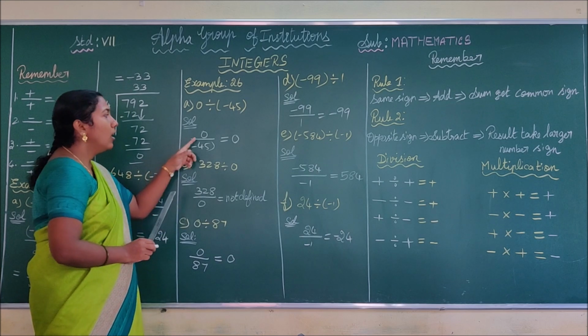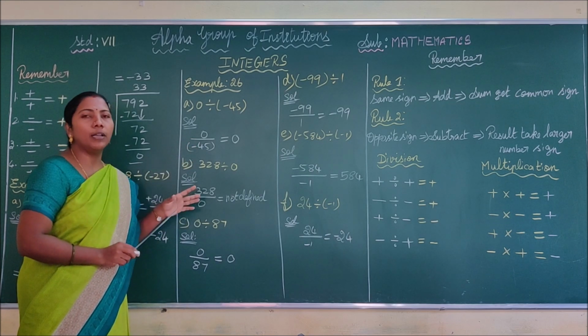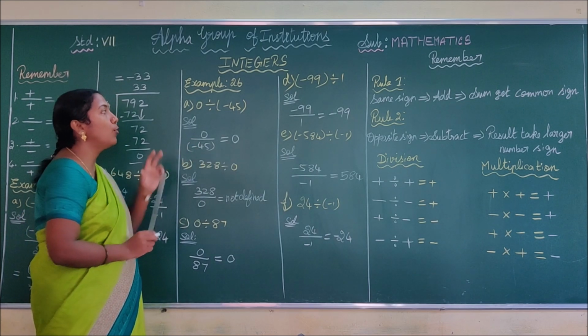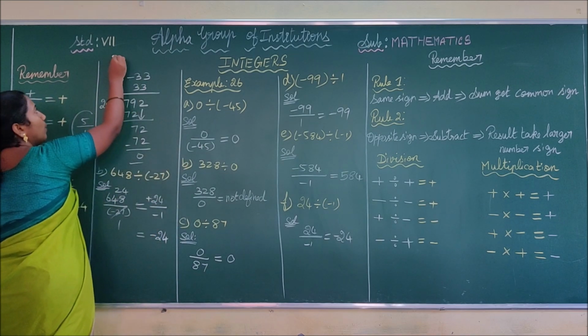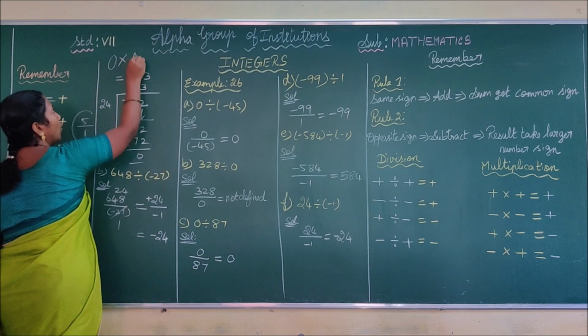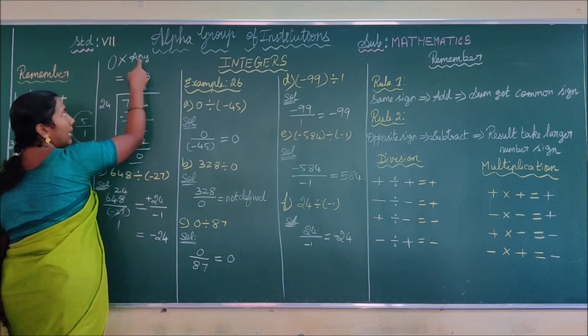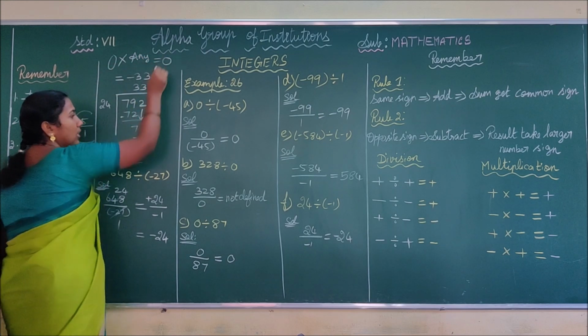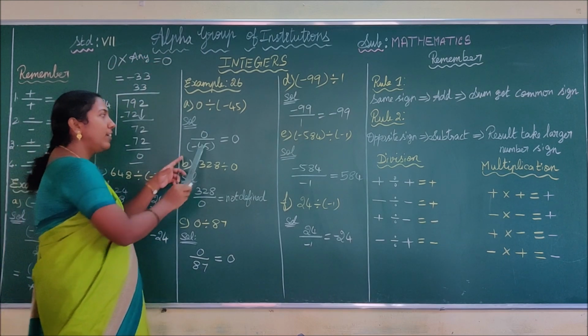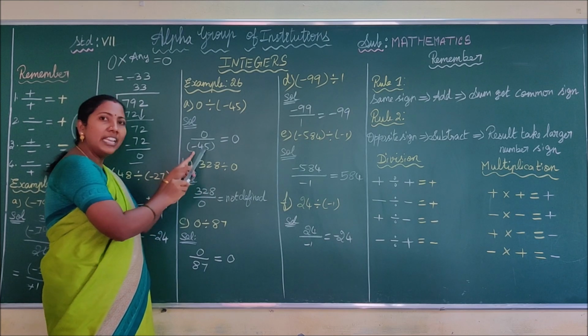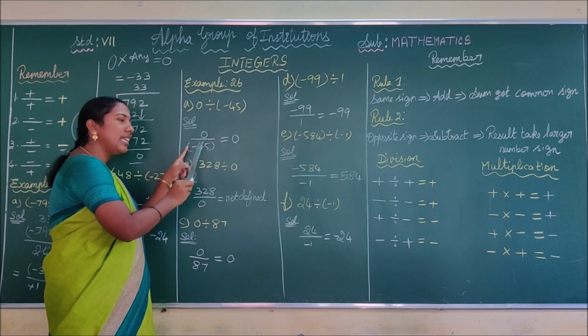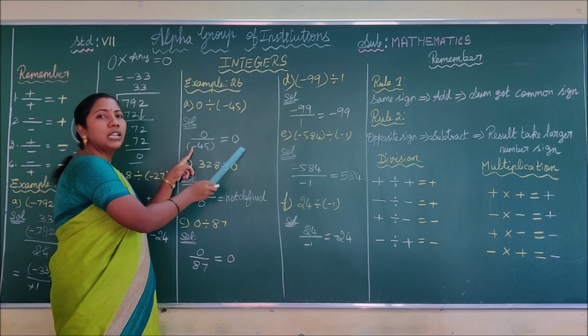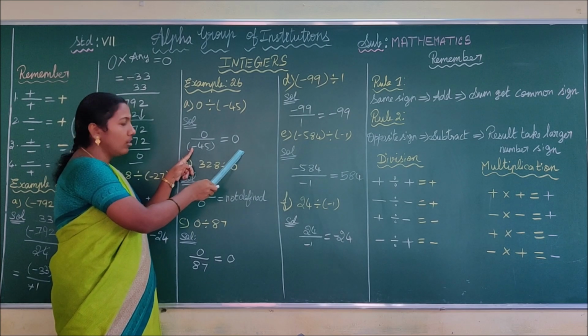If you divide 0 by any number, the answer is 0. If you multiply any number by 0, the answer is 0. Similarly, if you divide 0 by any number, the answer is 0. Okay, it's clear, children? See the next one.